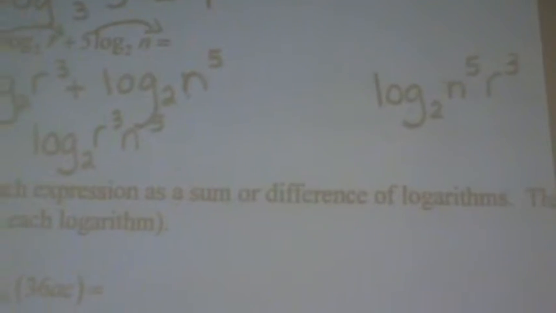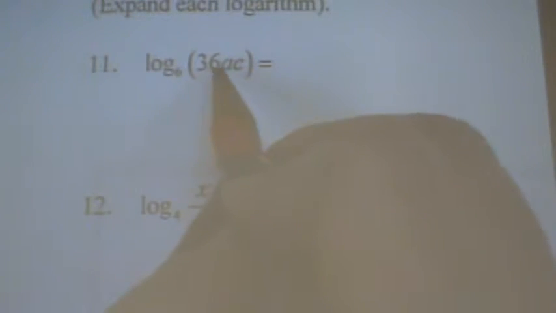All right, now we're going to go the other way. Now I want to see if we can practice 3 of these and expand them and simplify. So we look at number 11, it says the log of 36 times A times C, it's all base 6. How would I expand this?